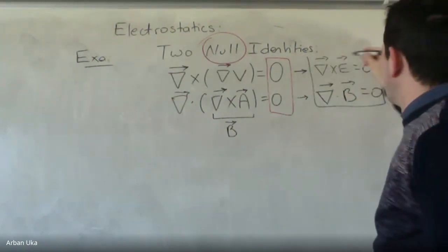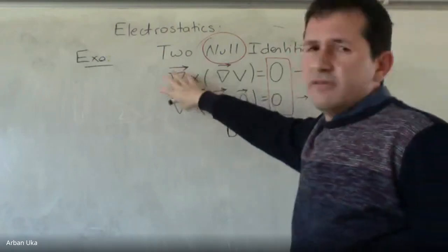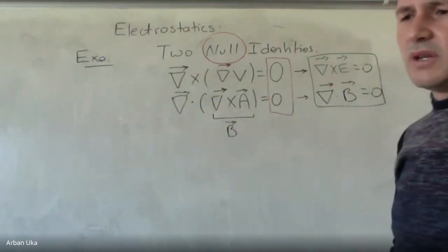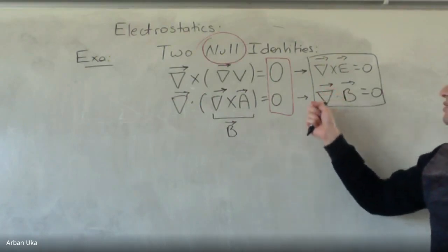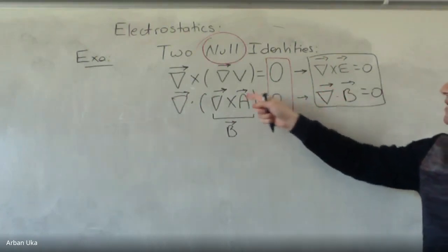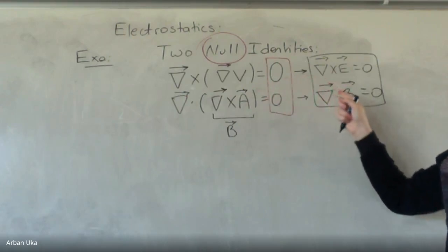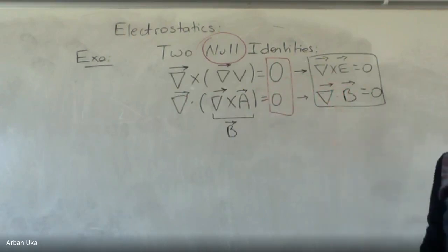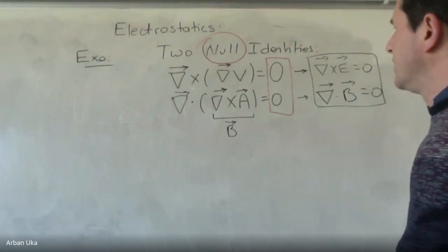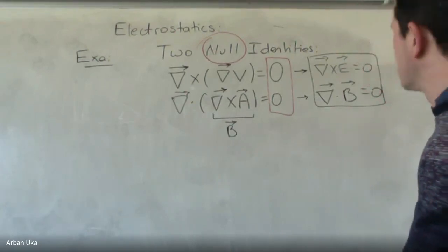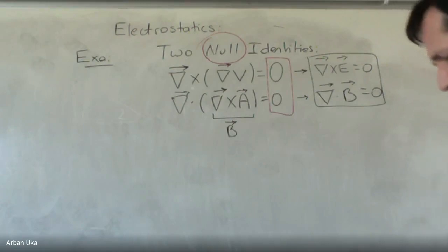So these are the vector properties that we consider to be the null identities. And very soon, we'll see that because of these vector quantities, the electric and the magnetic field will obey these properties in a strict way. So that's something we can consider for now.